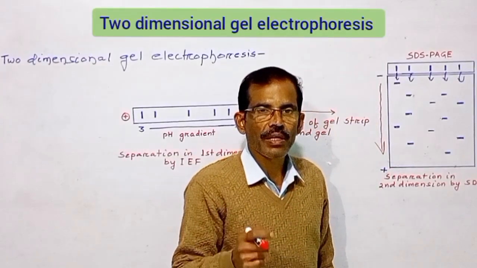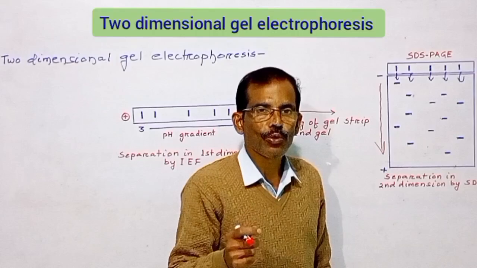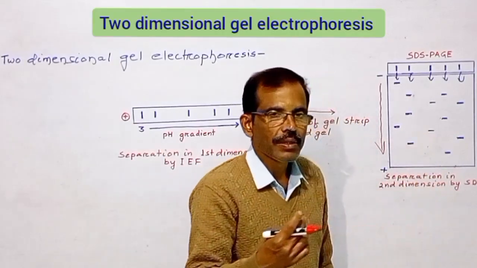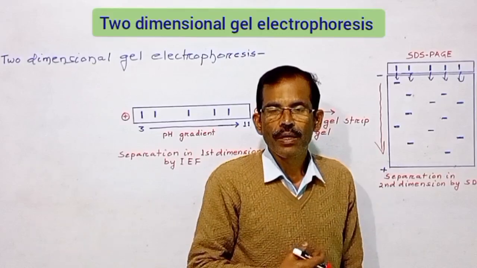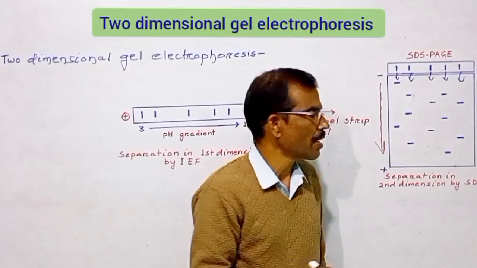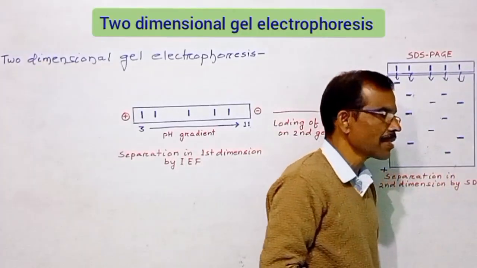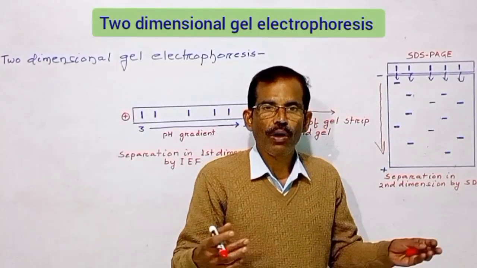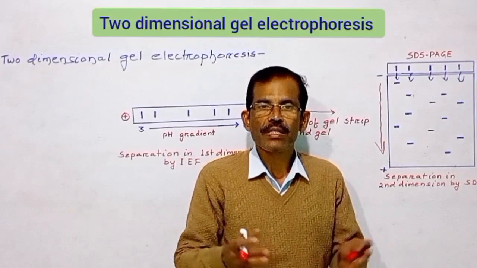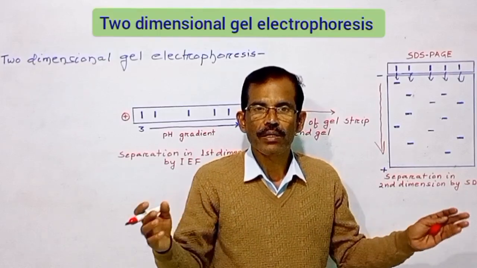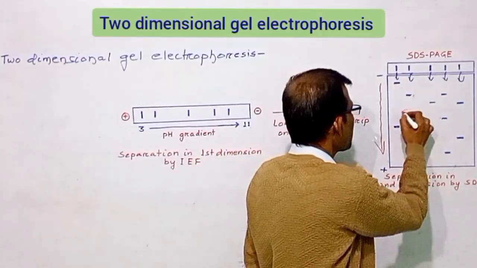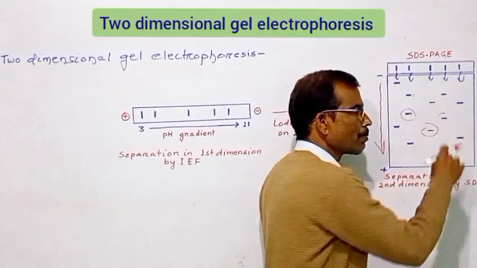Because of the sieving effect, smaller proteins will pass through the gel pores more quickly than the larger ones. As a result, smaller proteins will move faster, whereas the larger ones will move slowly. Due to this size-dependent differential migration, proteins of different sizes will be separated into distinct bands.